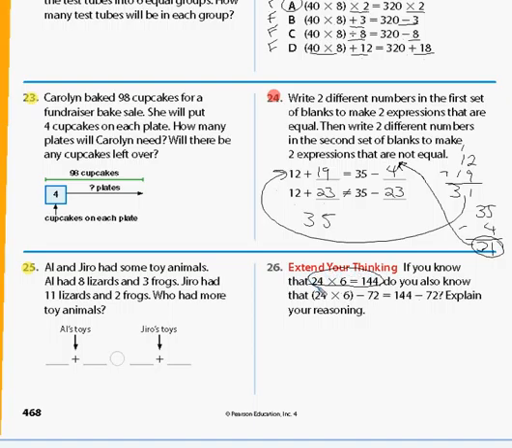So if we do the same thing to both sides of it, if I take 72 away and I take 72 away, it's going to be equal. So yes, it is equal. Okay, are there any questions?